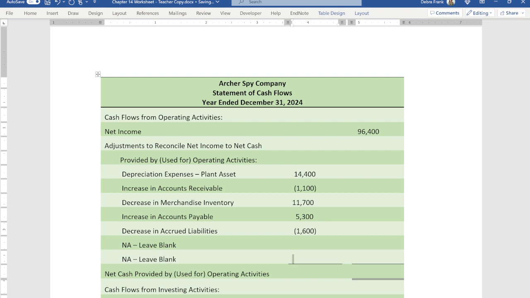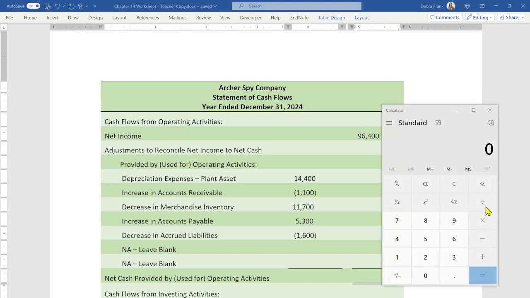All right, and so we're going to add up all of these to get our net amount. So let's open up a calculator to get that. And we can see that the net is 28,700.